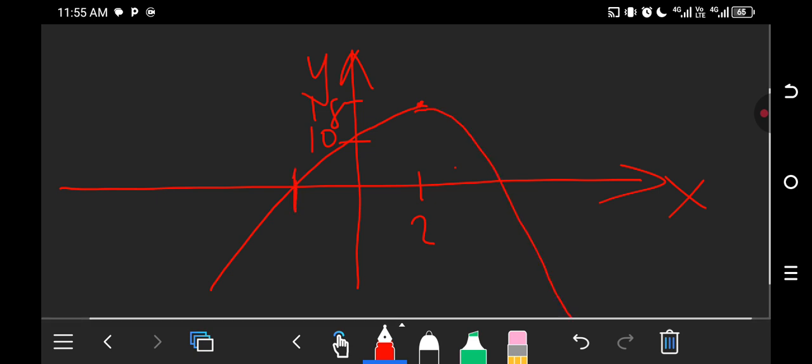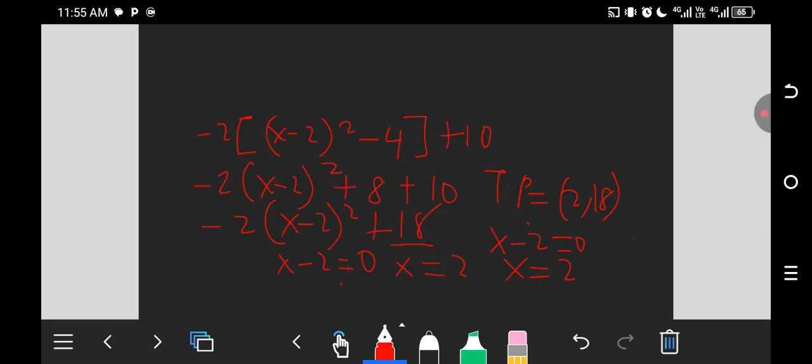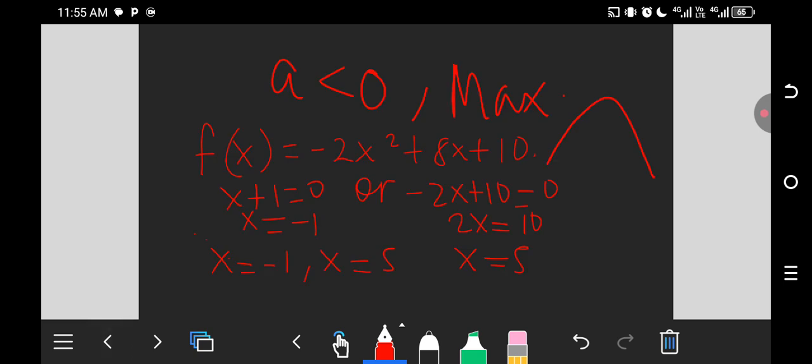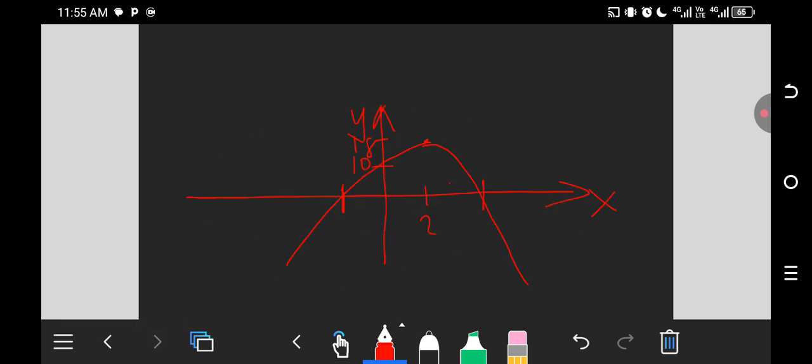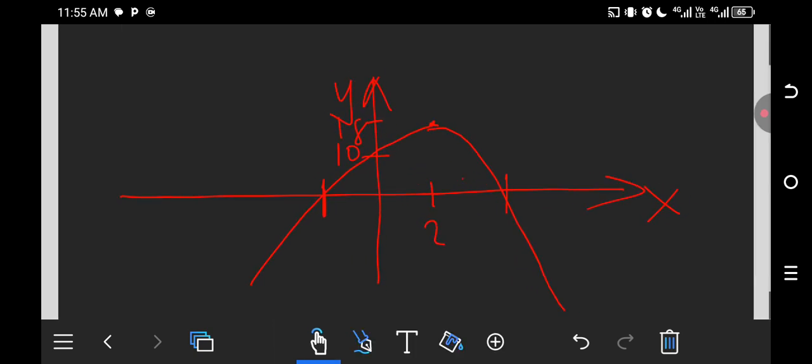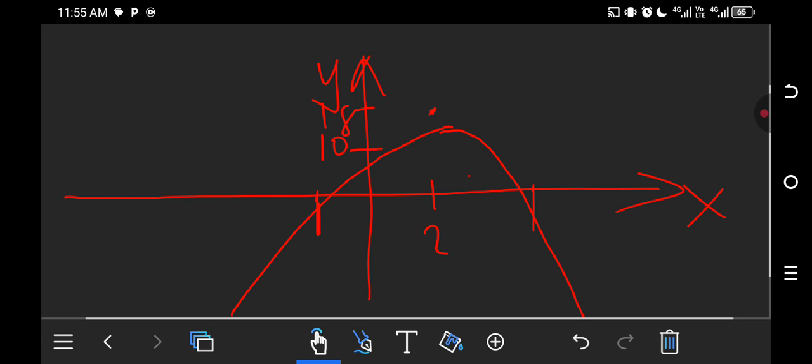Then the last thing we need to identify here are the x-intercepts. So the x-intercepts we found to be -1 and +5. So you don't have to interchange them. Where there's the negative x-axis, that's where you put -1.